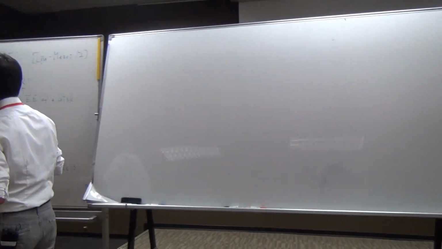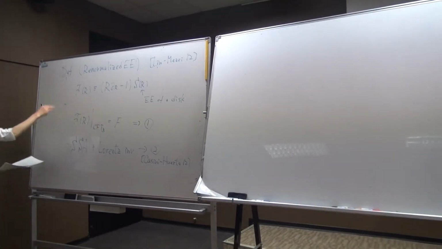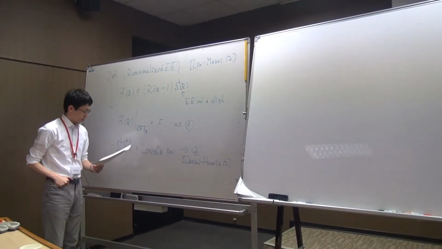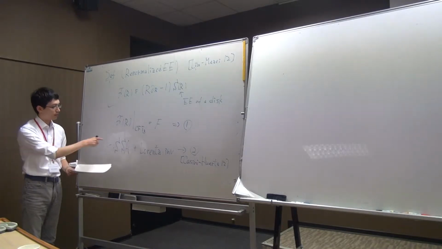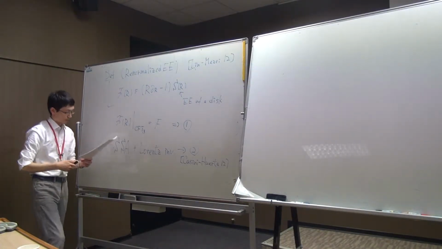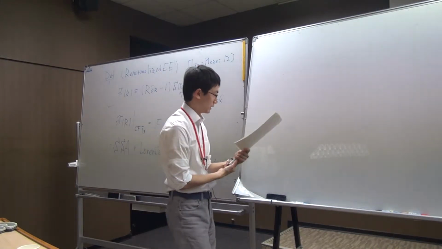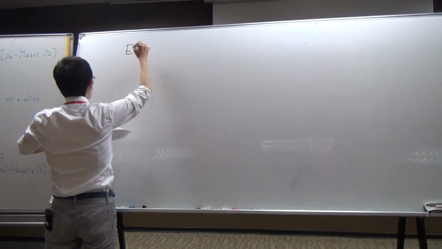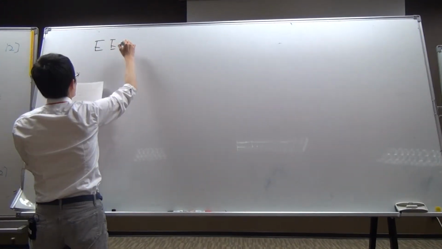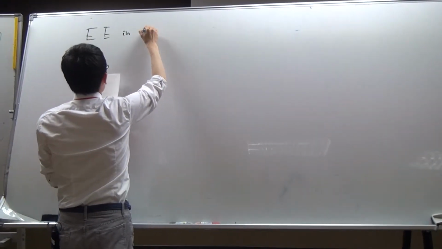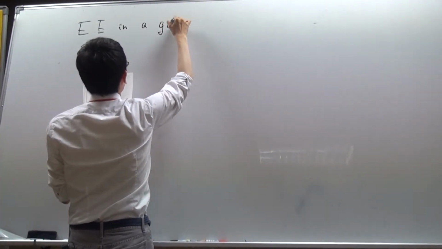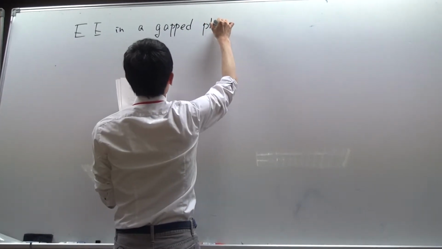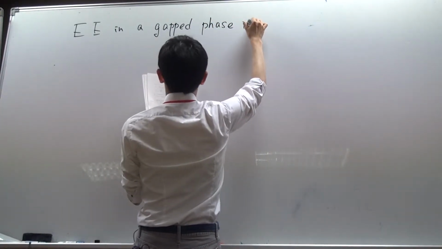Okay, since the proof is technical and I skipped the details, I'd like to show you an example where you can compute this quantity, the normalized entanglement entropy. To this end, I'm going to focus on the entanglement entropy in a gapped system in 3 dimensions.